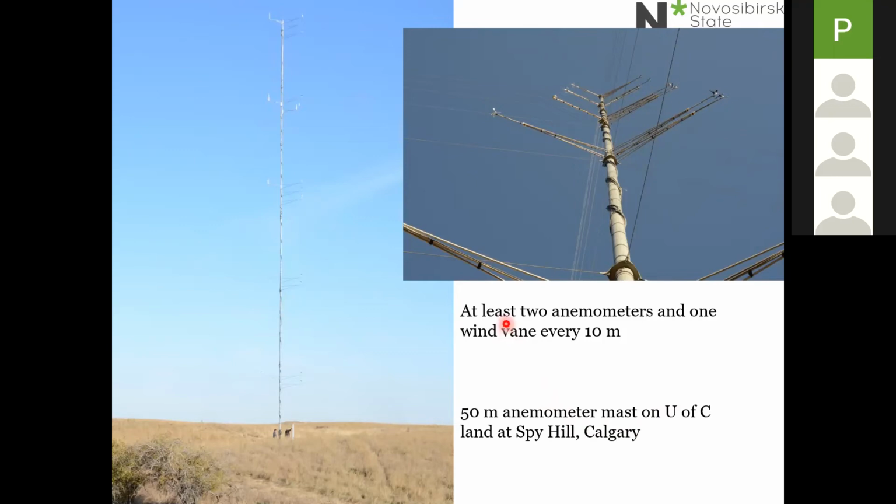And on this anemometer mast, at every 10 meters, there are at least 2 anemometers and a wind vane. And the anemometers measure the wind speed in meters per second, and the wind vane measures the direction, because wind direction is really important, particularly in terms of interference of one turbine by another.